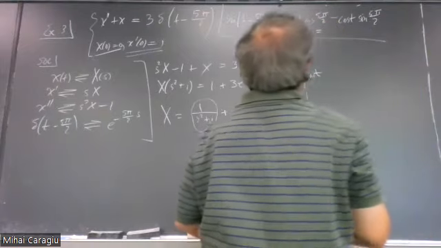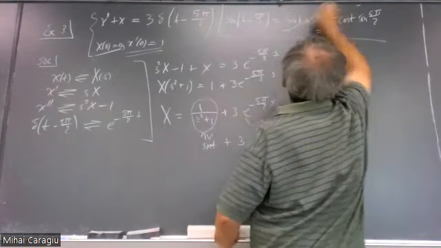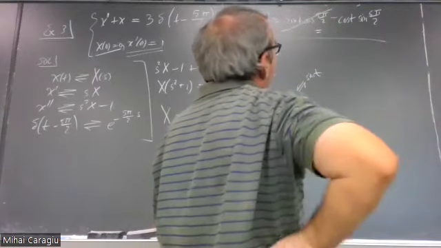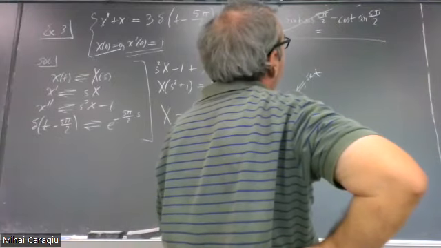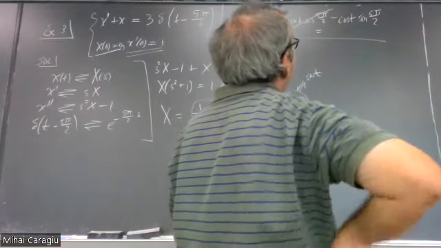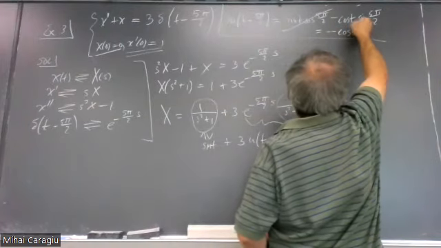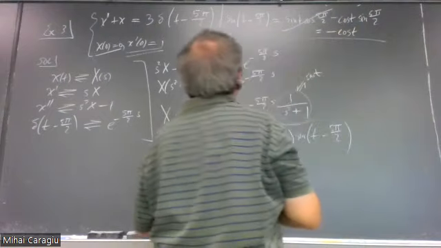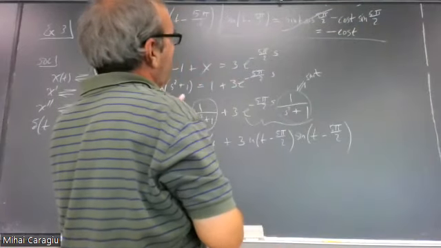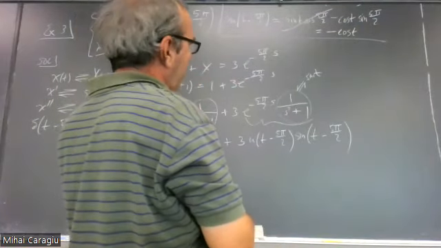Cos 5 pi over 2 is 0, so that's 0. Sine of 5 pi over 2 is sine of 2 pi and a pi over 2, which is 1. So eventually we get minus cos t. So sine of the quantity t minus 5 pi over 2 is minus cos t from trigonometry.